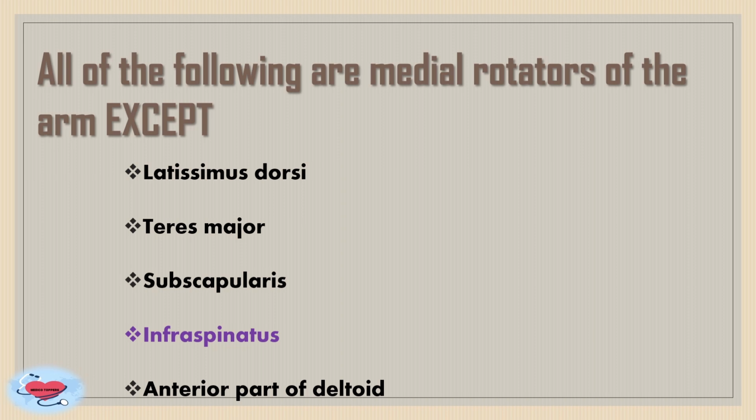Instead of that, latissimus dorsi, teres major and subscapularis medially rotate the arm. Coming to the deltoid, it is a unique muscle. Its anterior part rotates medially, posterior part rotates laterally. So the answer is infraspinatus.